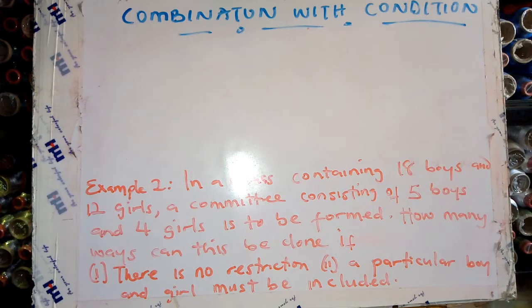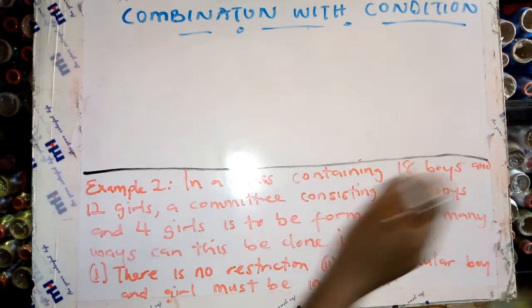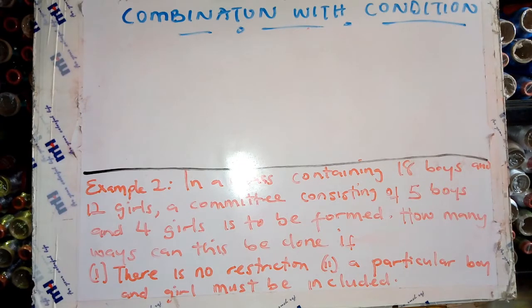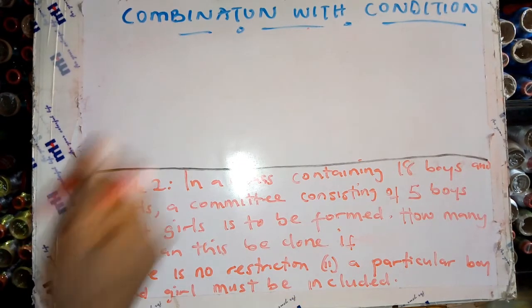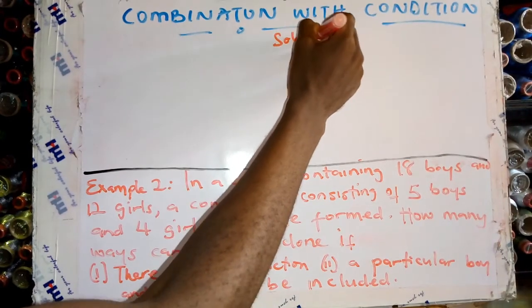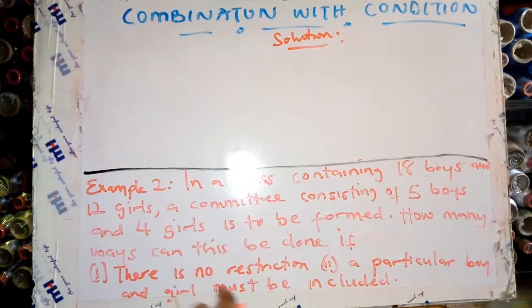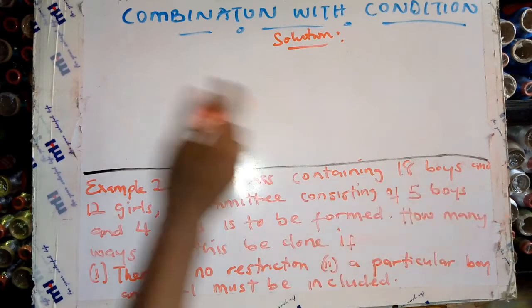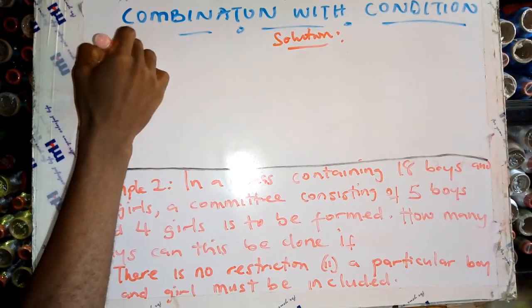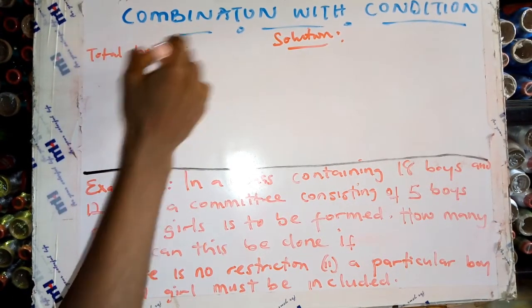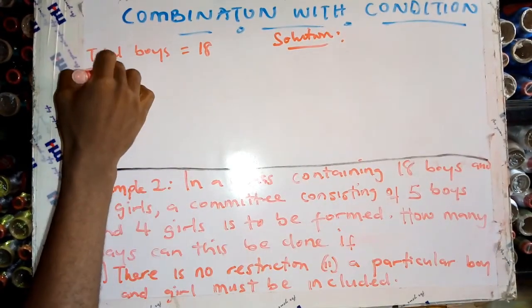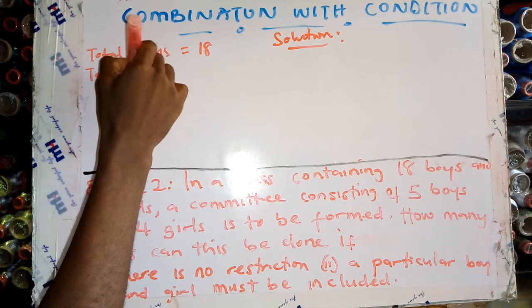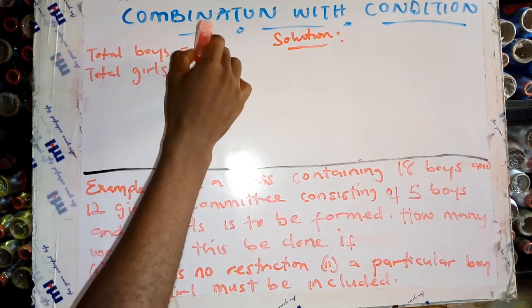Let's start with the first condition, which says: what if there is no restriction. But before we do that, let's bring out some of the necessary details or parameters from the question. It said a class consisting of 18 boys, so the total number of boys is 18, and 12 girls, so the total number of girls is 12.